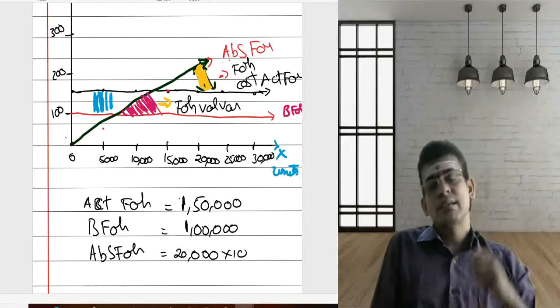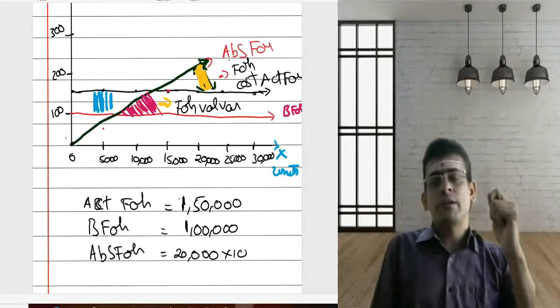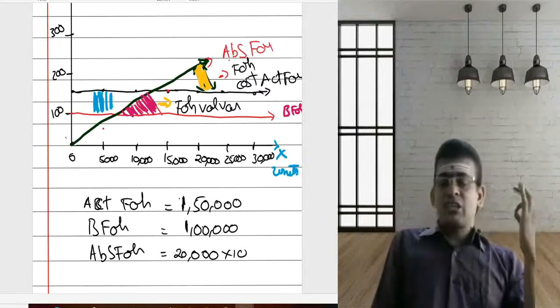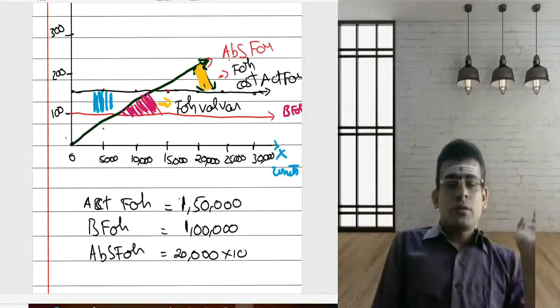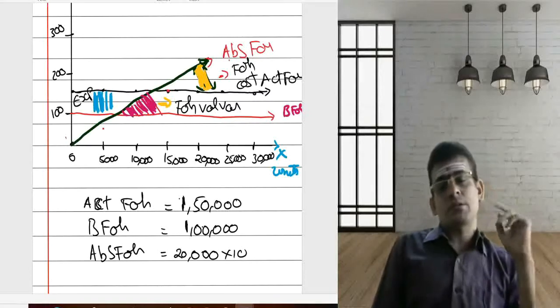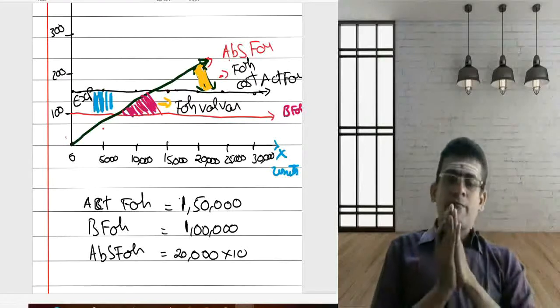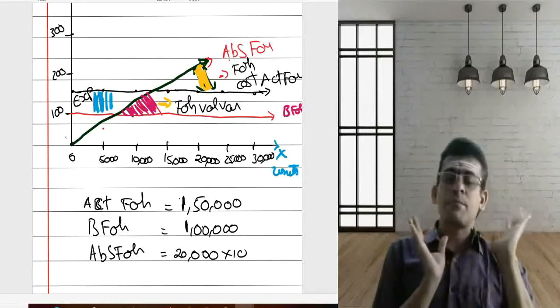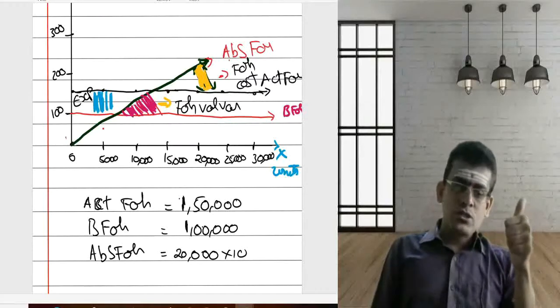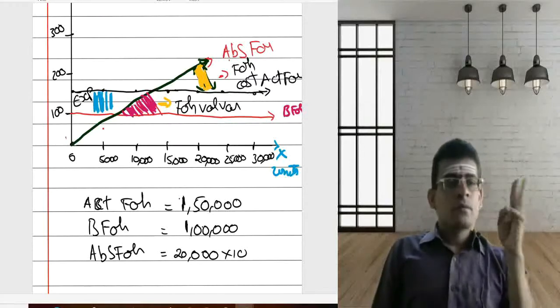Now, actual cost and budget cost: this angle is called the expenditure variance. So by looking at the graph, without knowing the formulas, I can easily calculate 3 variances. What are those? Cost, volume, expenditure.